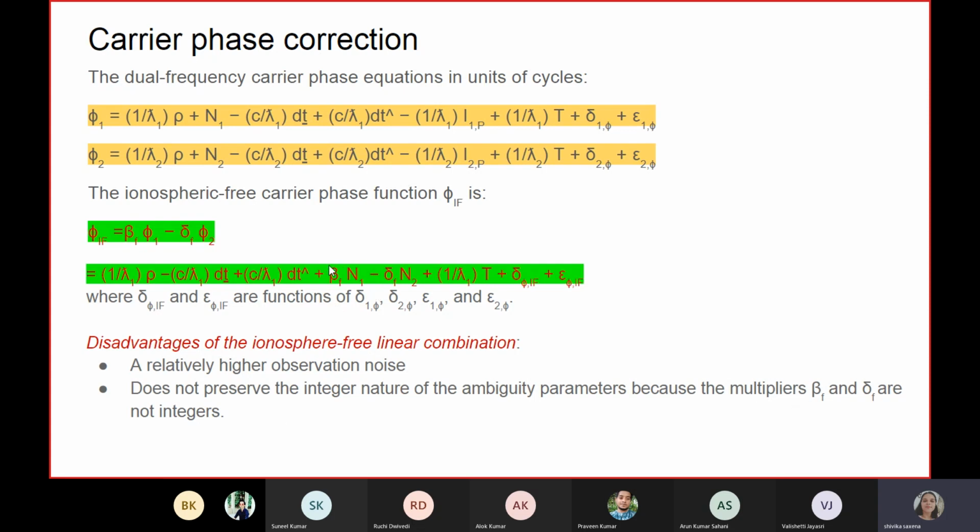So here you can see beta f multiplied by N1 and delta f multiplied by N2. N1 and N2 were integer ambiguities before, but after multiplication by these two factors, the integer nature is lost, which is not desirable.